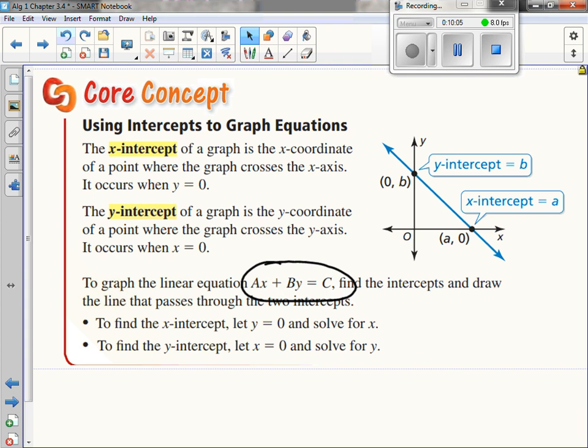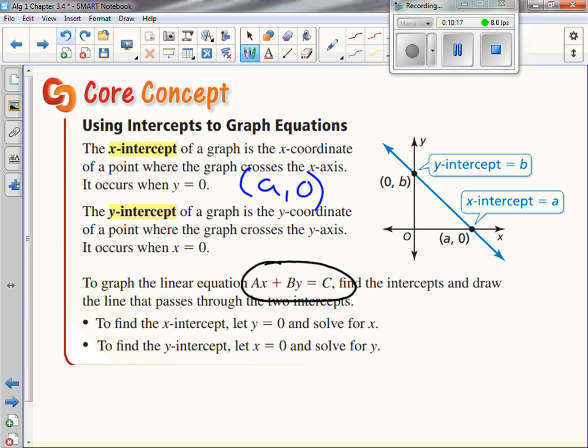The y-intercept of a graph is the y-coordinate of a point where it crosses the graph, where the x is 0. And we normally call the x-intercept (a, 0) and the y-intercept (0, b), whatever those values are. And those are the 2 points we will use for our standard equation.